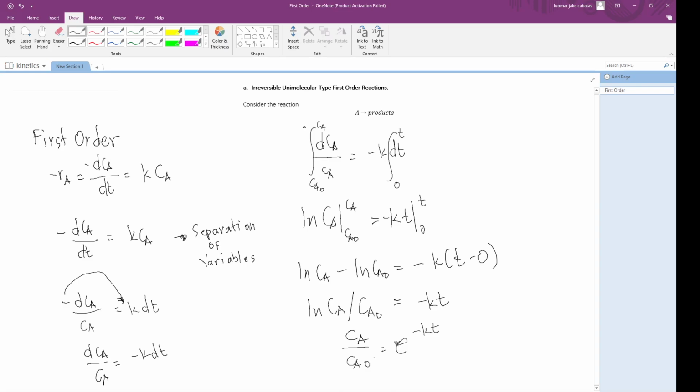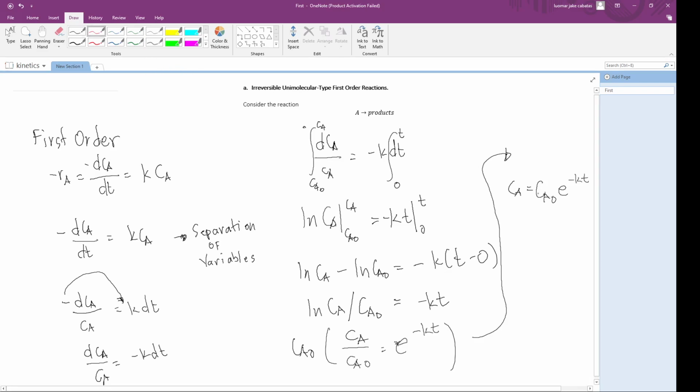And then multiplying CA0 to both sides of the equation, we get the equation CA is equals to CA0 e raised to negative kt.